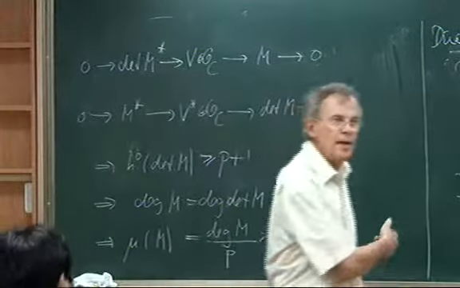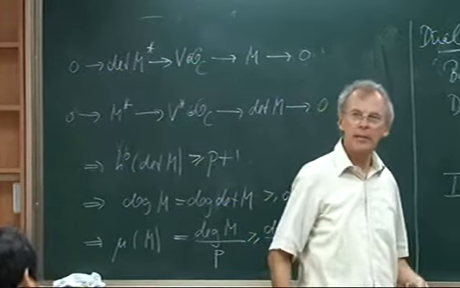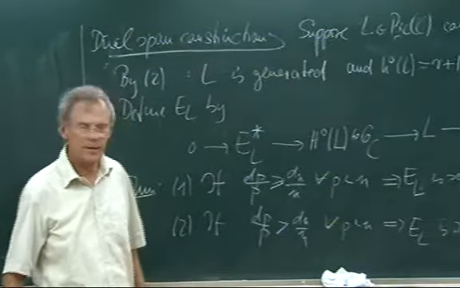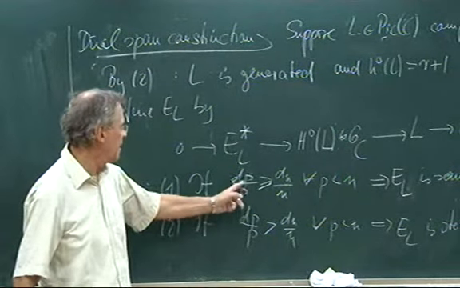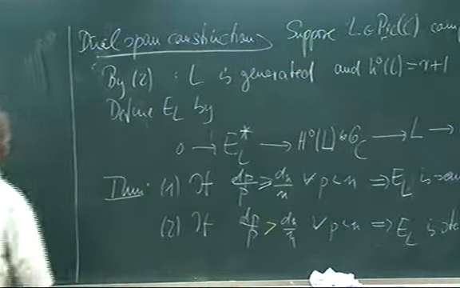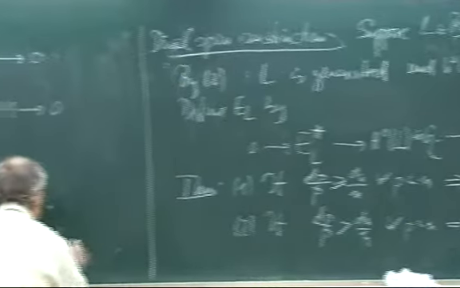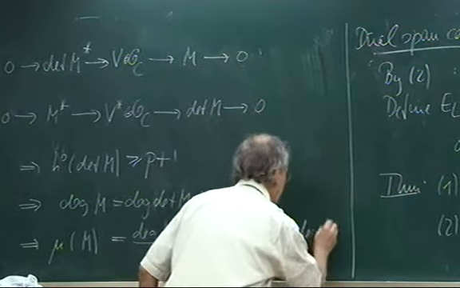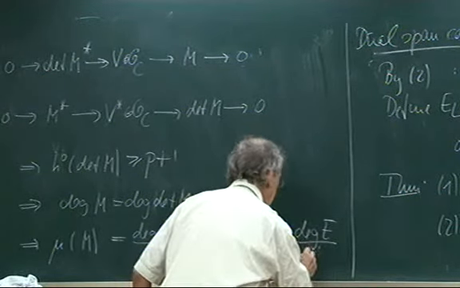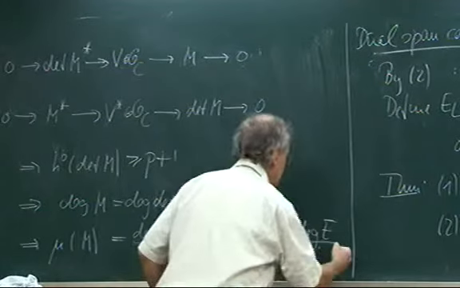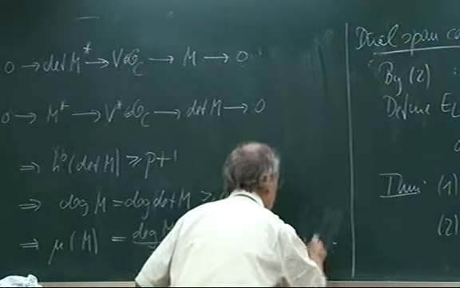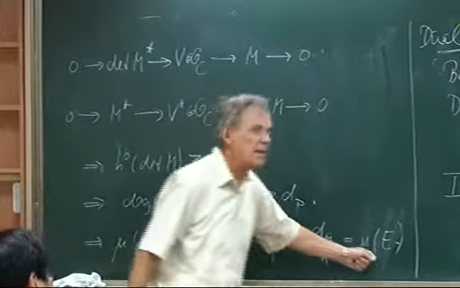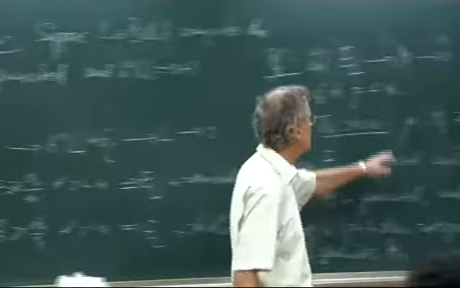You see how for vector bundles this comes in not only in the lemma of Ramanan, but also by the definition of semi-stability. We know that this is greater or equal to dn over n. And dn over n is just the degree of E over rank of E, which is the slope of E. So we get what we want: mu of M is greater or equal to mu of E. So this is the proof.